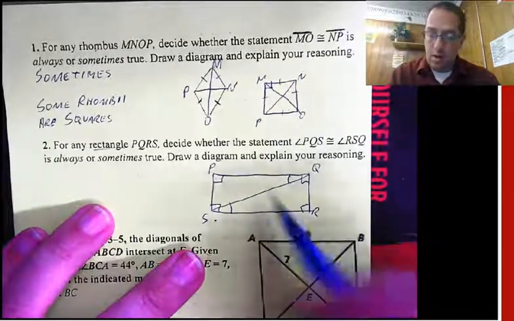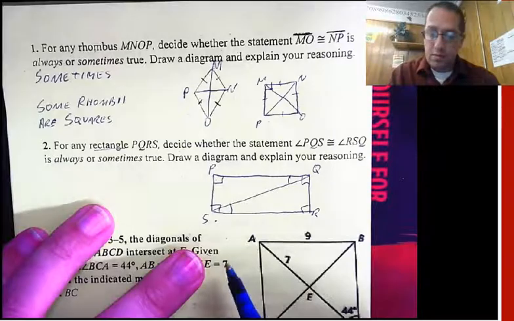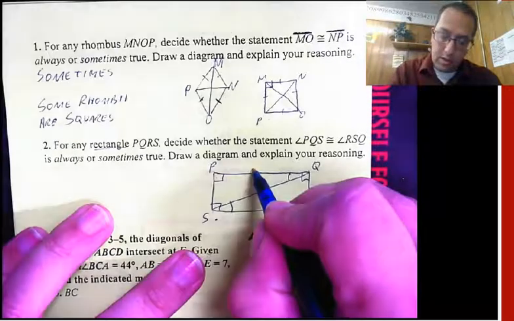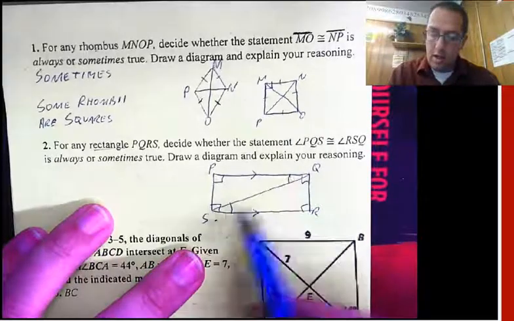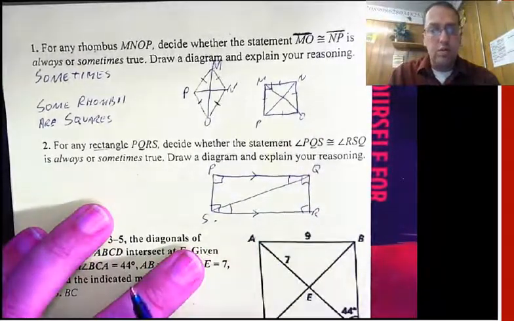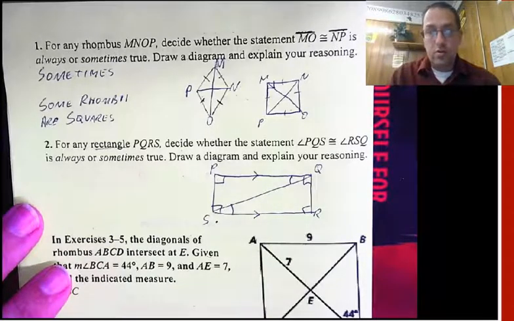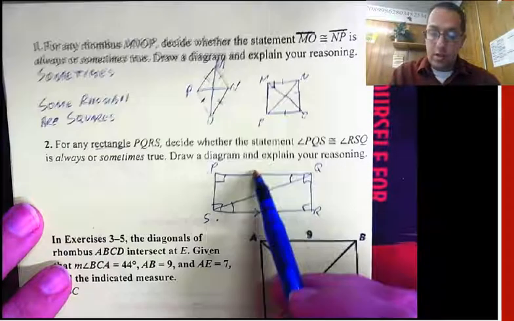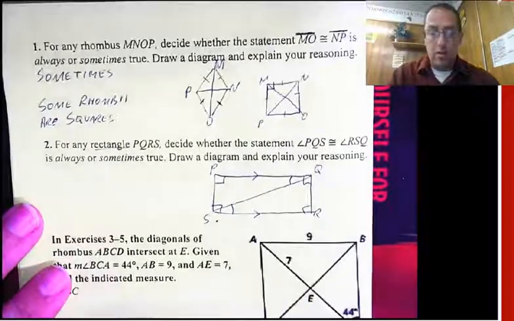Well, let's see here. This is a rectangle, which means it is a parallelogram, right? So that means opposite sides are parallel, and I have these two angles. These are alternate interior angles, aren't they? So alternate interior angles are going to be congruent because we have two parallel lines cut by a transversal.